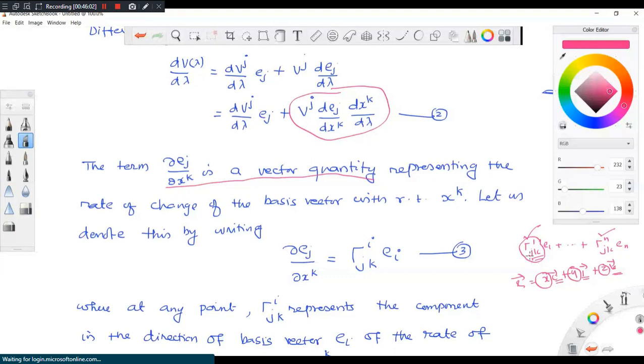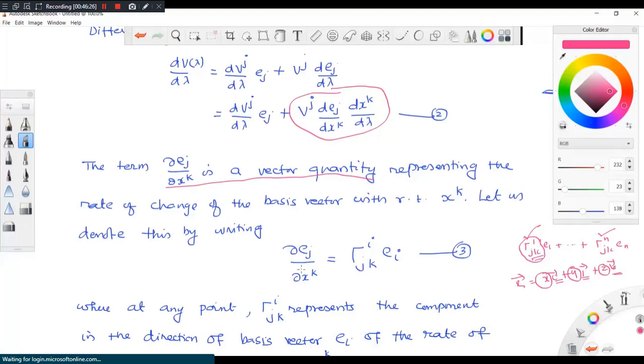So gamma 1 jk is the component of this vector in the E1 direction. Gamma 2 jk is the component of this left hand side vector in the direction of E2, and so on. Gamma n jk is the component of this vector in the direction of En.